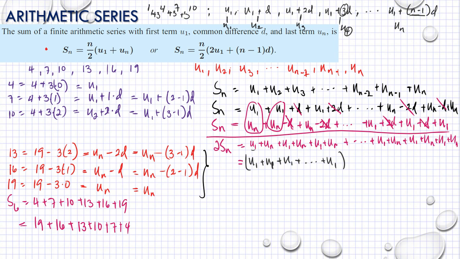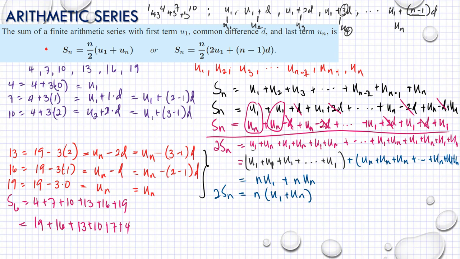And my u sub n, plus u sub n plus u sub n, and so on. You understood. That means the sum of this is n terms of u sub 1 plus n terms of u sub n. Common factor, we have n times u sub 1 plus u sub n. That is 2 s sub n.